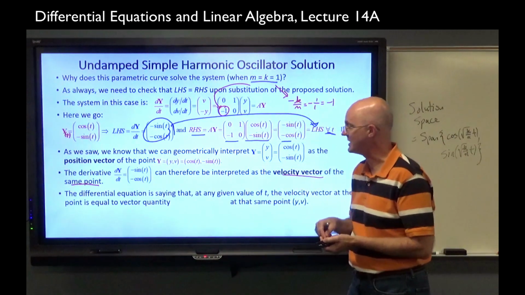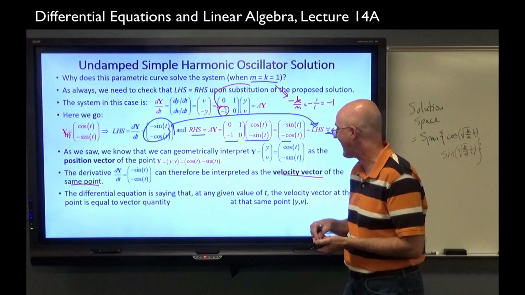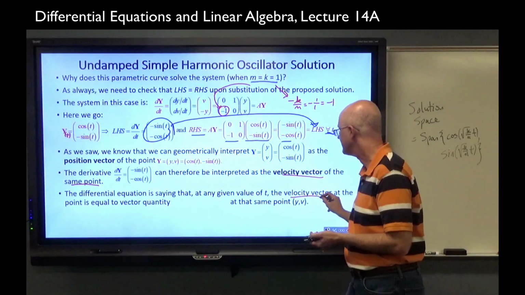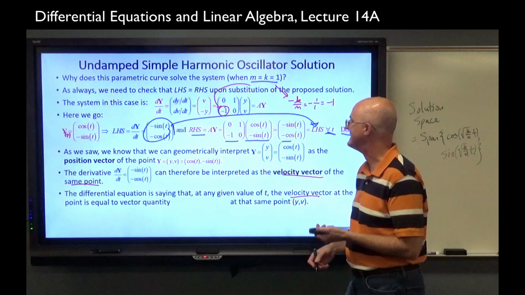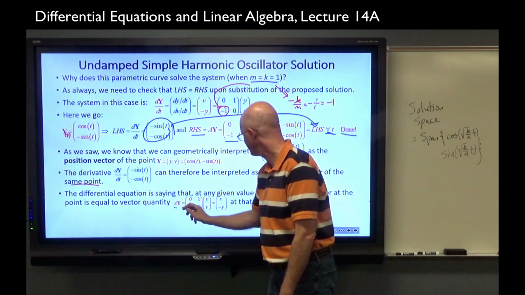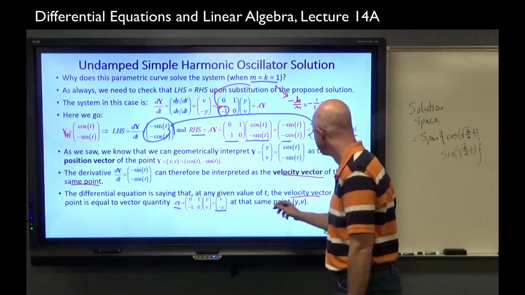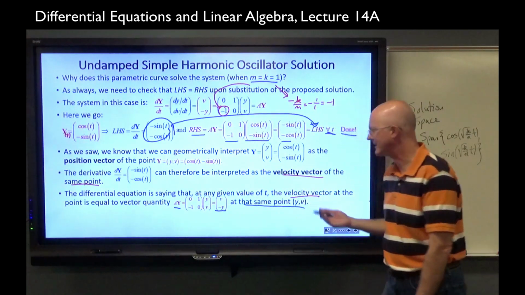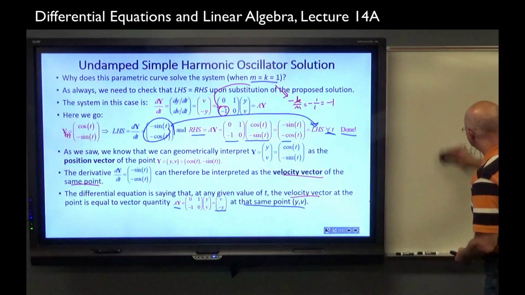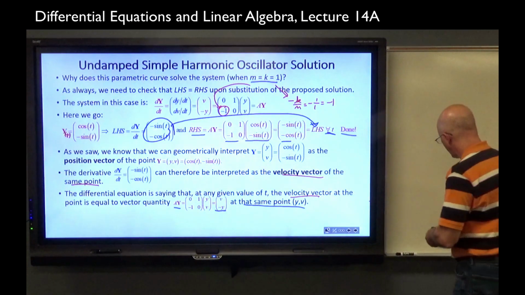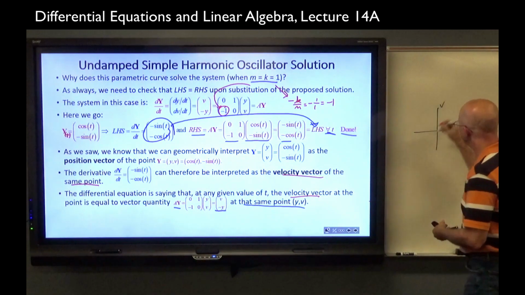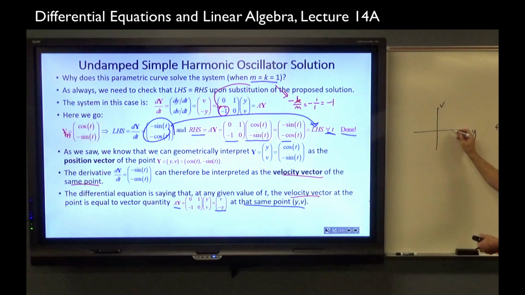The differential equation is really saying that at any given value of t, this velocity vector at the given point is equal to the vector quantity A times y, which equals v, negative y, at that same point. Now that might seem confusing, but it's really important to get. I'll try to redraw the same parametric curve, or part of it at least, in this yv plane, y horizontal, v vertical.